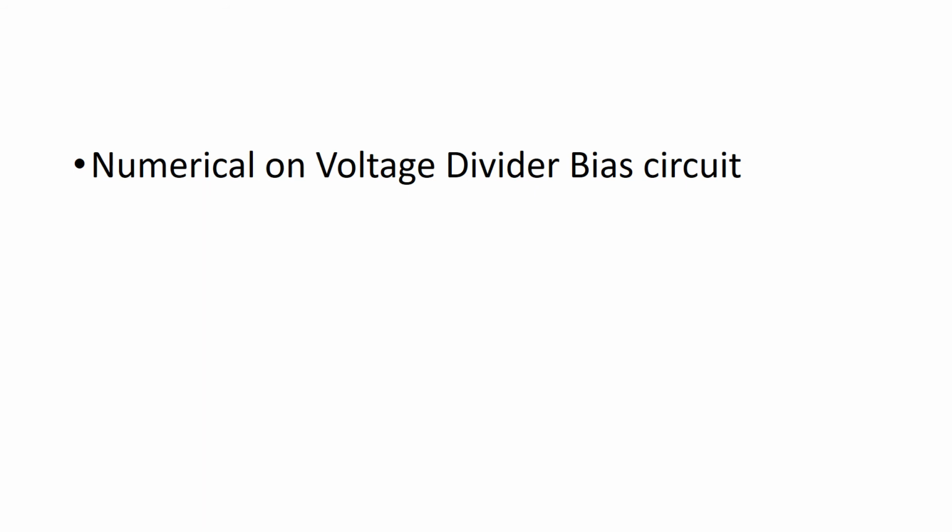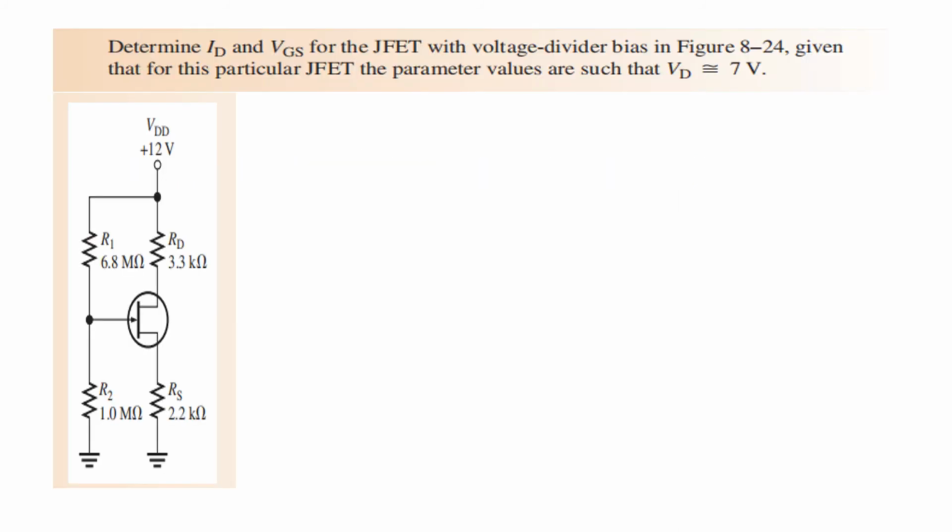We'll solve a simple numerical on the voltage divider bias circuit. In this circuit, what is given is the minimum value of the voltage Vd. These are the components that have been selected for working out this circuit.